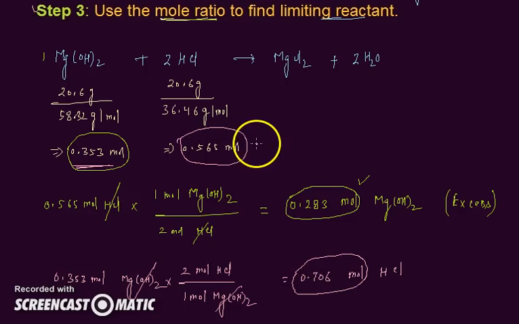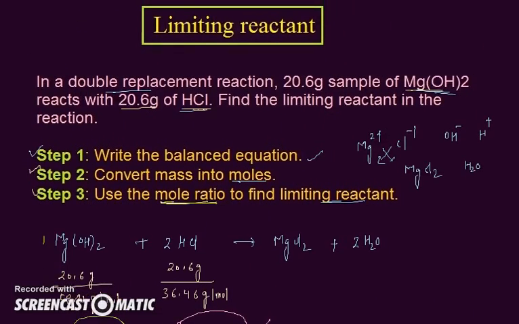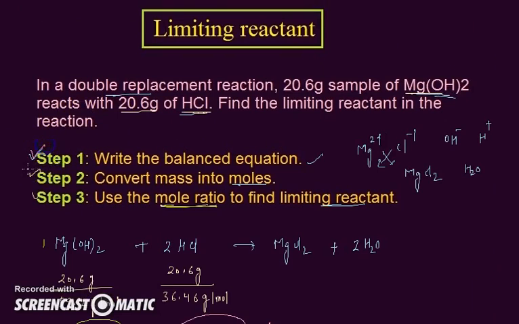It means that we are given fewer moles of hydrochloric acid, but we require more moles of hydrochloric acid in the reaction. As a result, we find that hydrochloric acid is the limiting reactant. This is how we find the limiting reactant in a chemical reaction by using these 3 simple steps. Thank you.